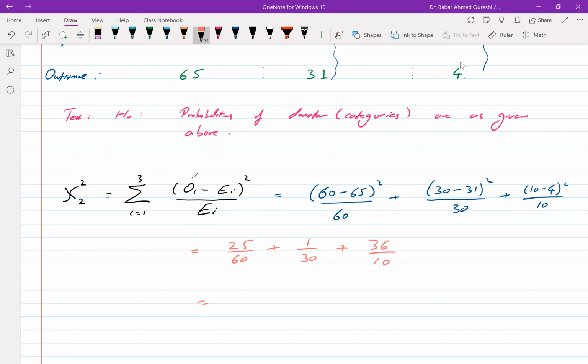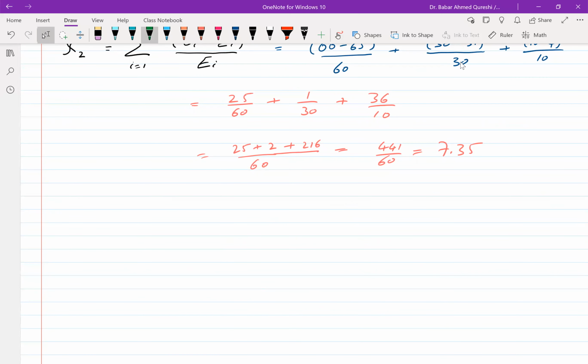So that comes out to be 5 plus 2 plus 216. So it's 7.35.